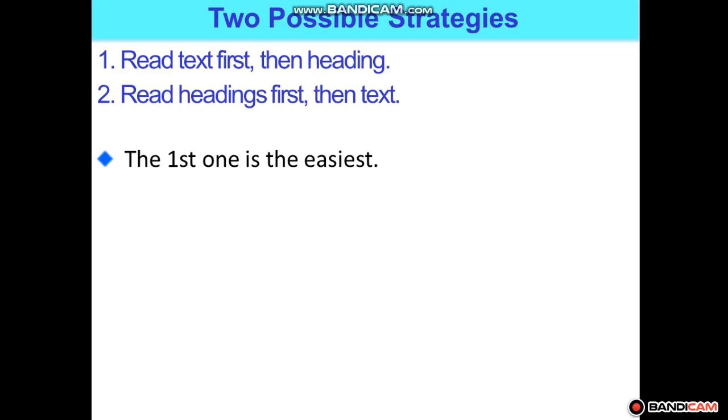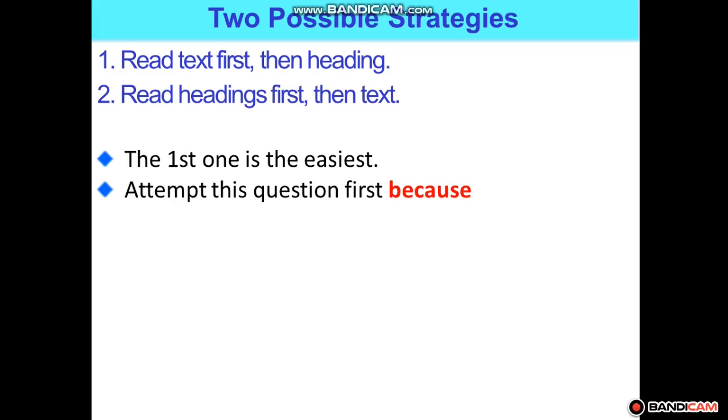Well, as per the experience of the IELTS experts, the first strategy is the easiest, so we say adopt this strategy, and in addition to that, we advise you to attempt this question first. Because you have a text, and based on that text this is one of the questions, but also you have two other questions based on the same text.